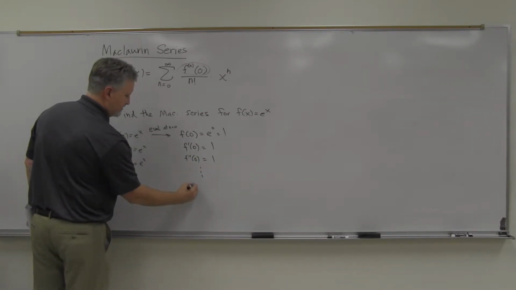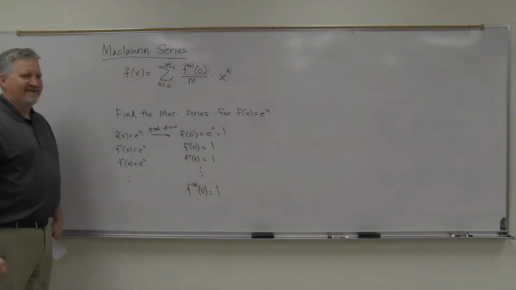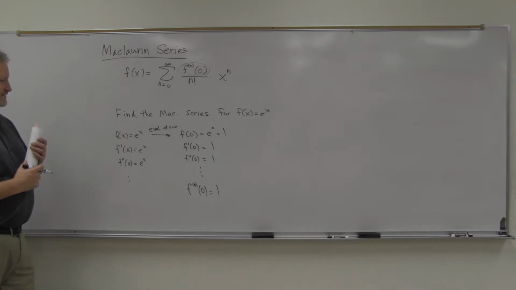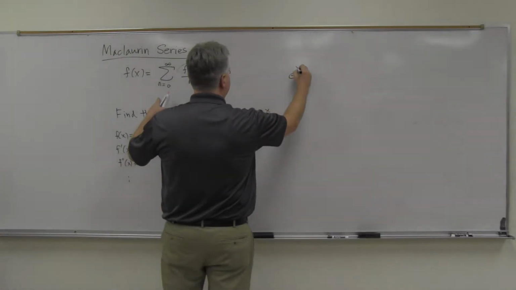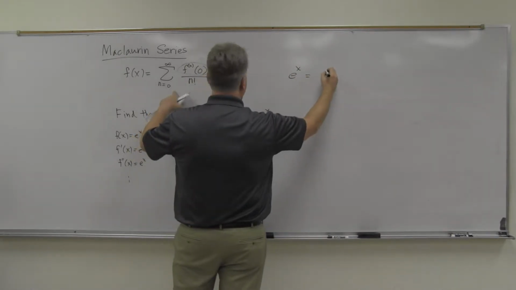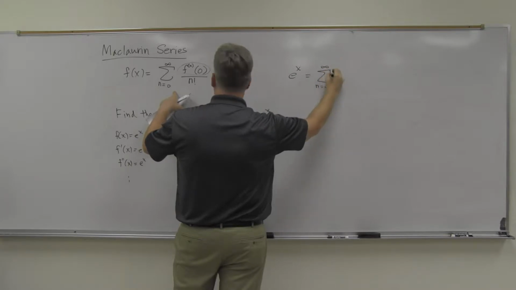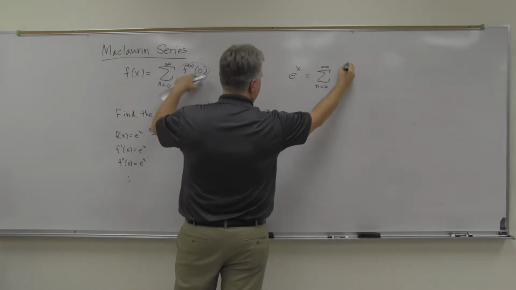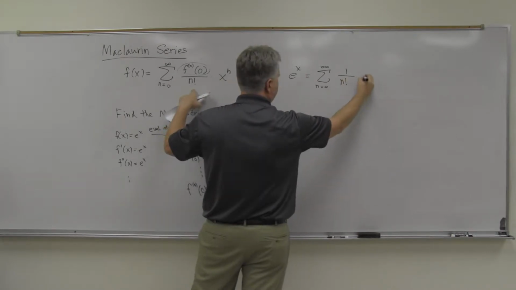So what's the nth derivative at 0? I believe that'd be 1. No fluctuation there. So e to the x would equal, in Maclaurin series, summation n equals 0 to infinity, the nth derivative at 0 is 1, over n factorial, times x to the n.